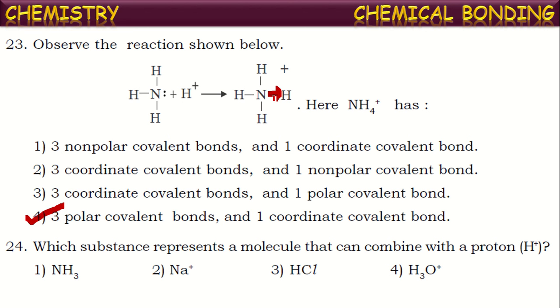Observe the molecules given here, which has a lone pair of electrons on its central atom. That is ammonia. Ammonia can combine with a proton to form NH4 plus ion like this. Because it has one lone pair of electrons and the proton has one vacant orbital. So these two can combine to form a dative bond.